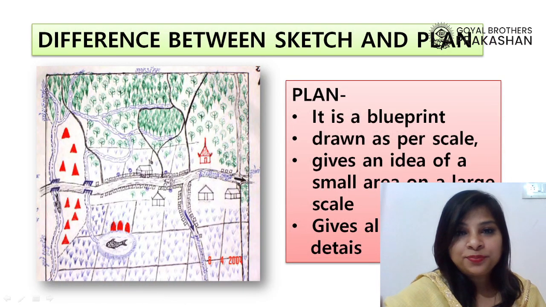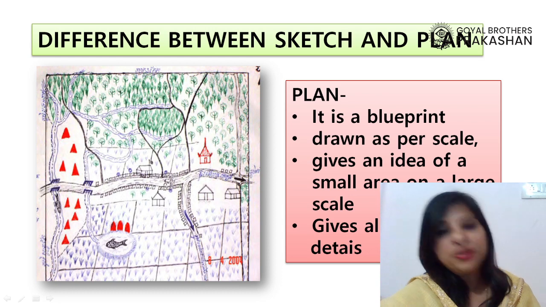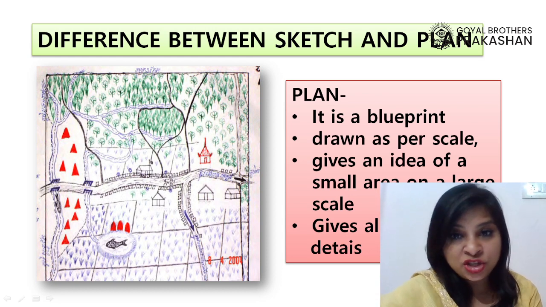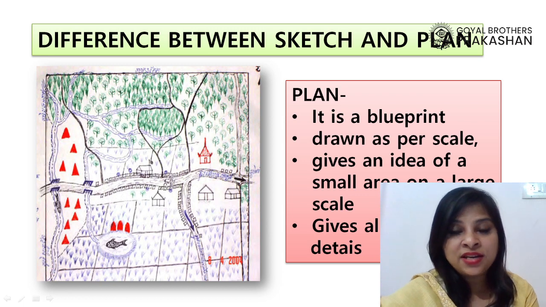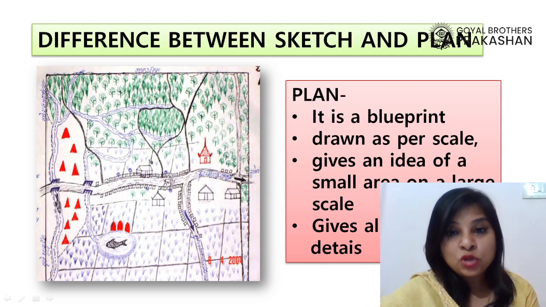Now plan. A plan is a blueprint, meaning the exact thing. It's a blueprint drawn as per scale, that means proper measurement is taken and done. It gives an idea of a small area on a large scale, that means a detailed study about a small area.